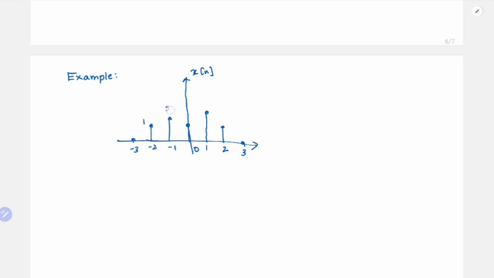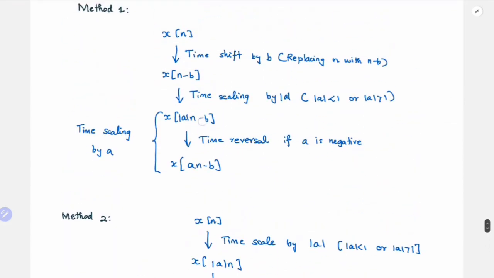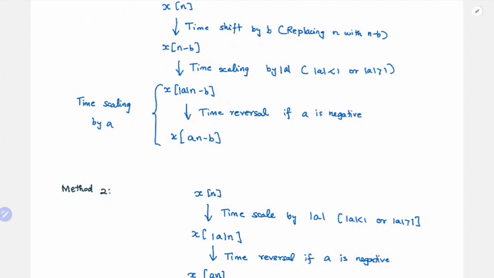And the values are 1, 2, 1, 3, 1. So then I want to find x of, let's say, n by 2 plus 1. Okay. So what is my a here? A is 1 by 2 and b is minus 1 because we have taken it in the form of an minus b, right?